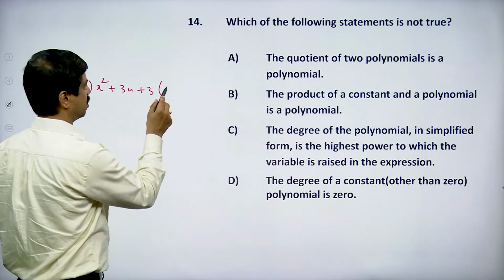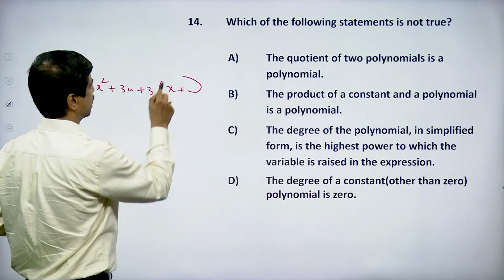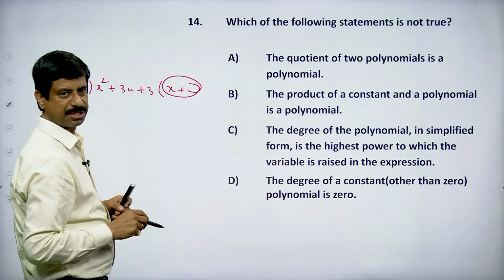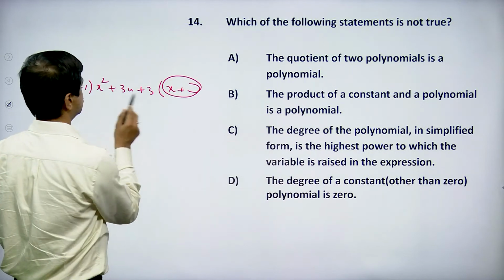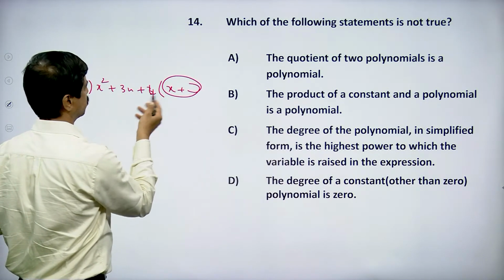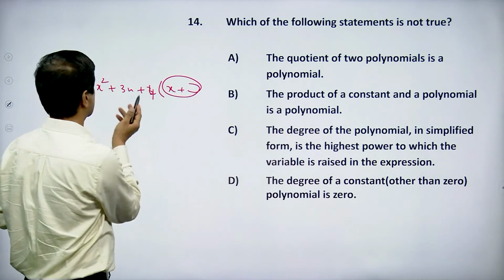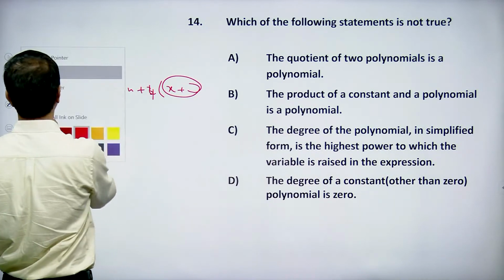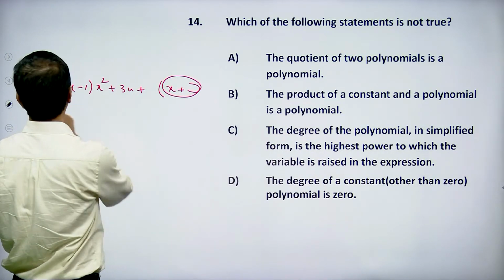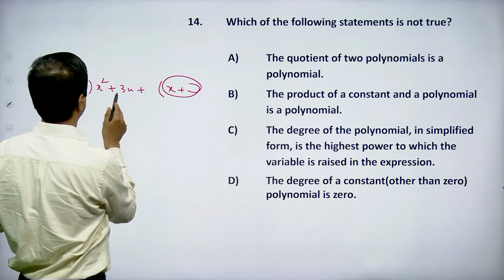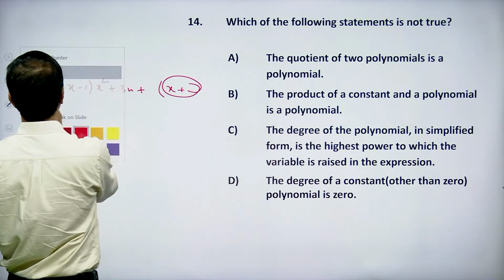If this is the case, you will get a polynomial, x plus something like this. But this is not possible every time. Let us write a correct function: x square plus 3x minus 4, if you take.